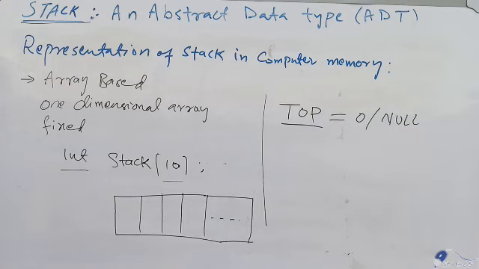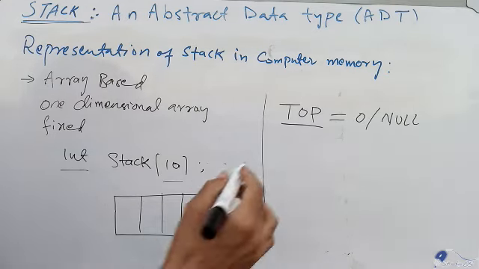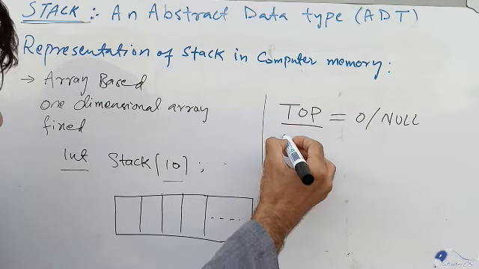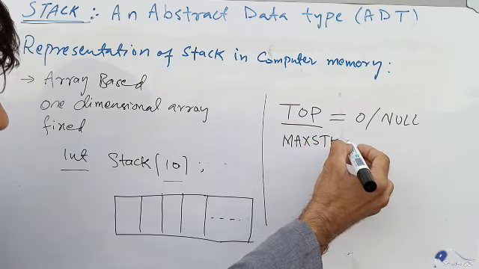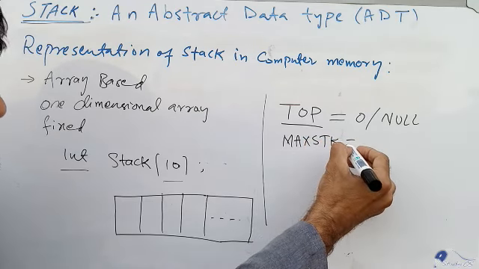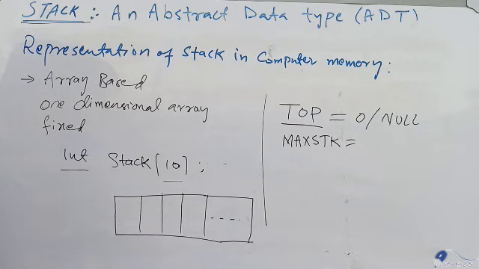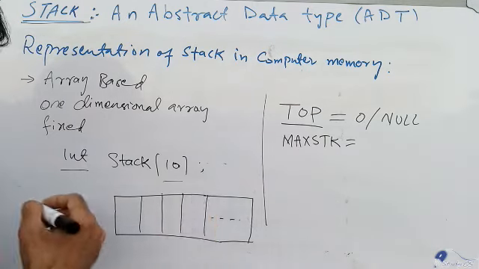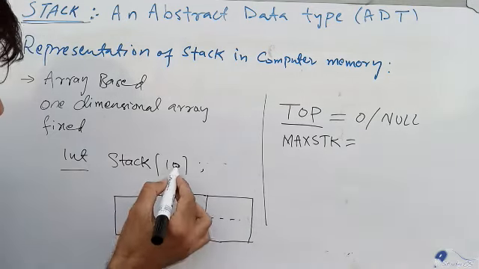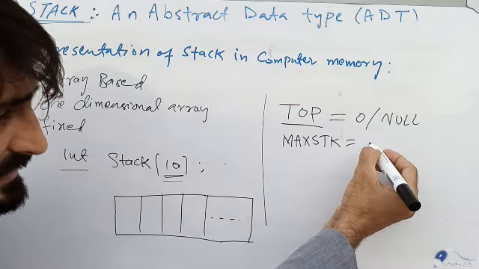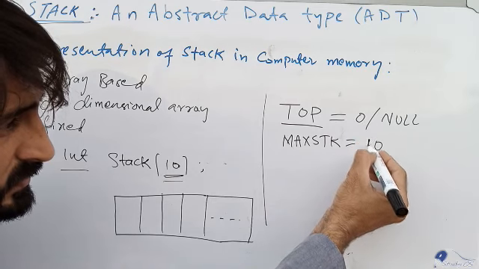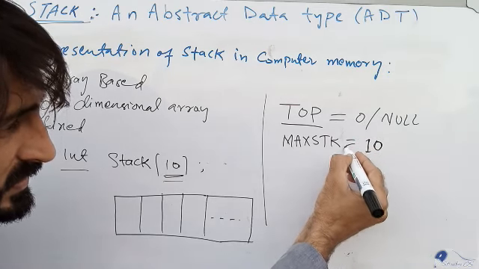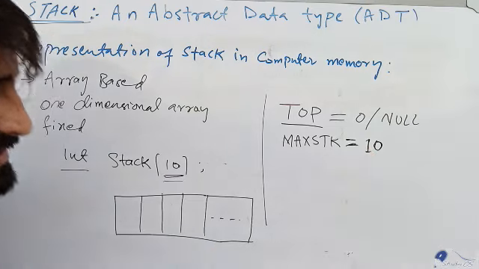We also need to define another variable, which we can name max stack, which will indicate the total length of the stack. In our example we defined the length 10. So this variable will help us print the overflow message.